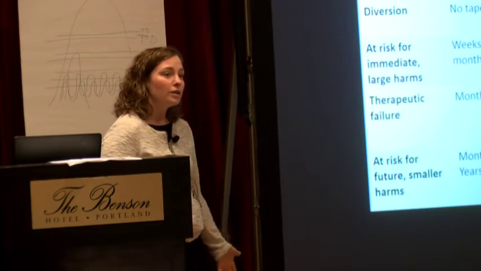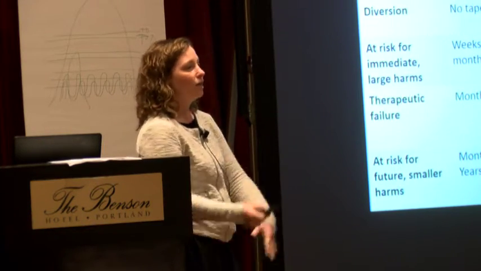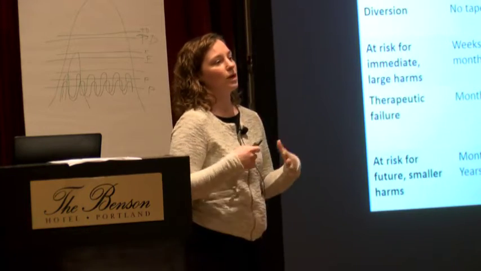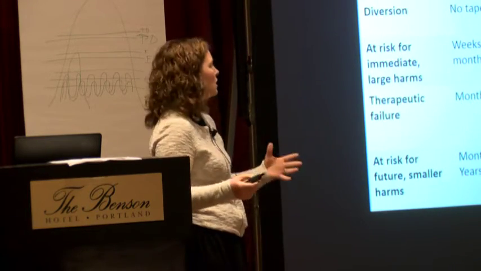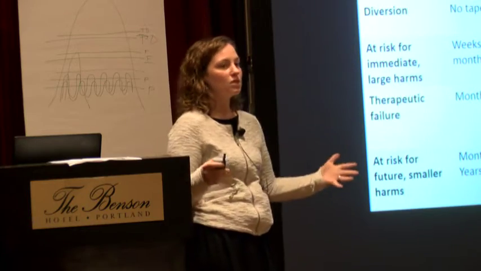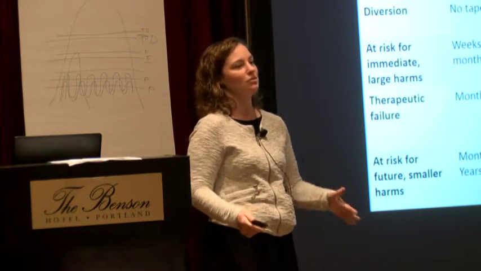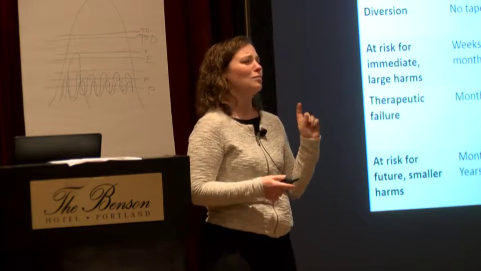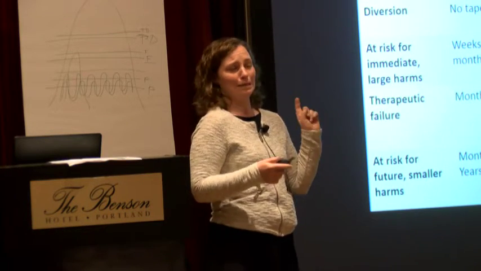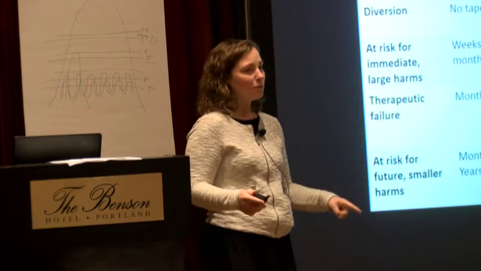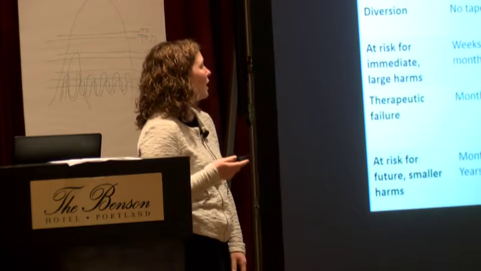Okay, so diversion. Again, you do not have to be a police officer or a judge to be able to determine this. You just have to have enough suspicion. I can tell you it is very, very hard to confirm that someone is diverting their opioids. I think there's only maybe one case that I ever knew for a fact that the person was diverting. What do you do?